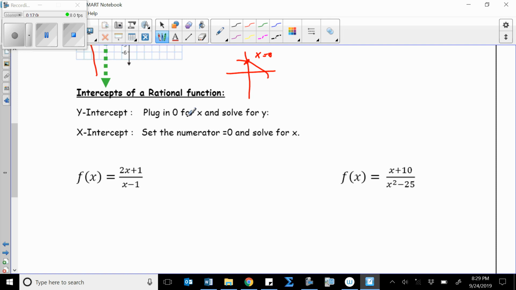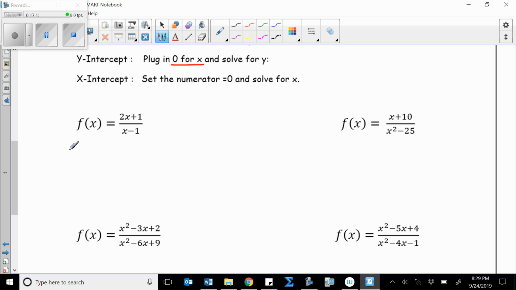So in order to find the y-intercept, you just need to plug in 0 for x and solve for y. So here I'm going to plug x equal to 0 in our function. So for the y-intercept, set x equal to 0 and try to solve for y.